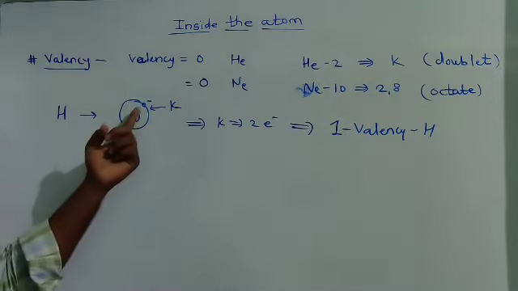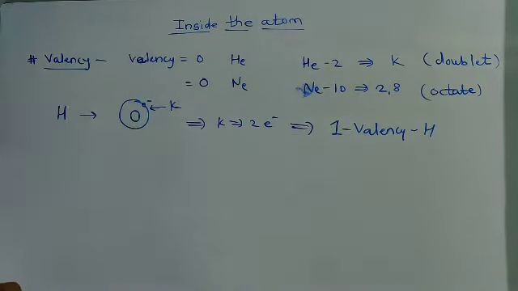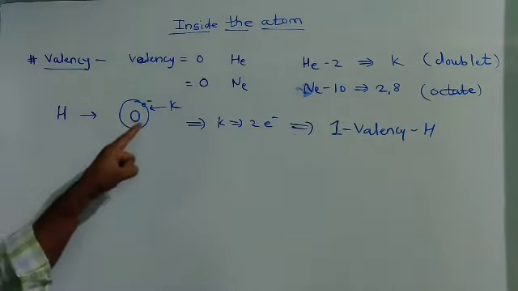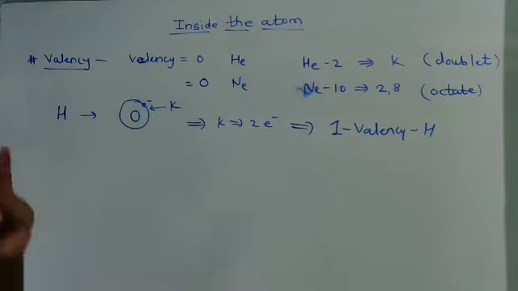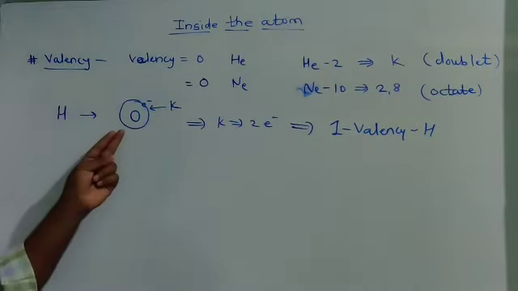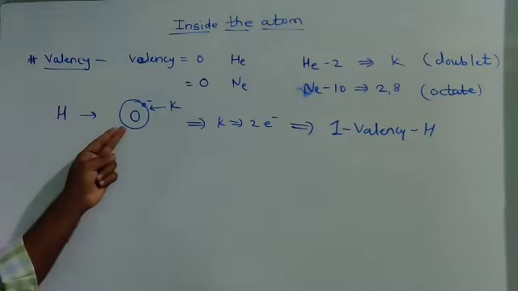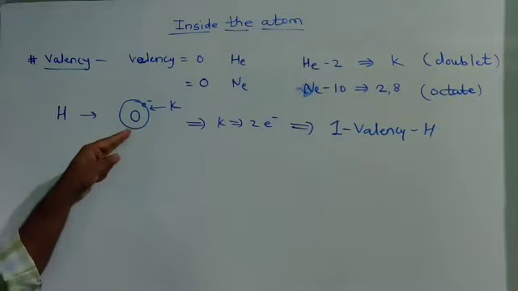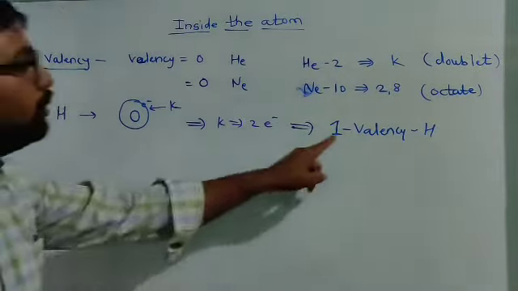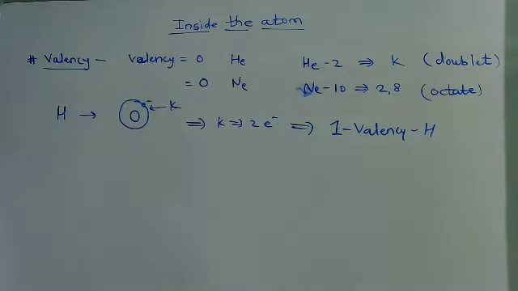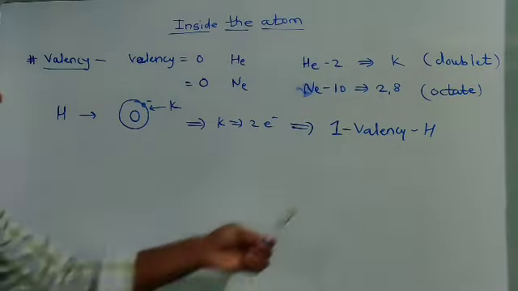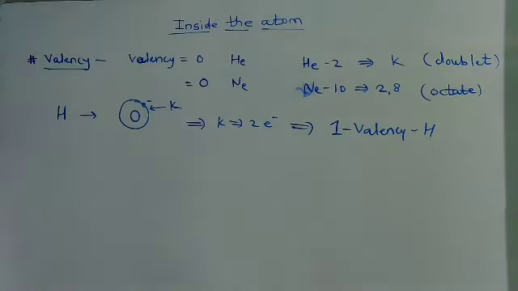Here only 1 electron is in the outermost shell. We know the maximum capacity of this K shell is how much? 2 electrons. So how many electrons are less to complete the outermost shell? 1 electron. So we can say that 1 is the valency of a hydrogen atom.